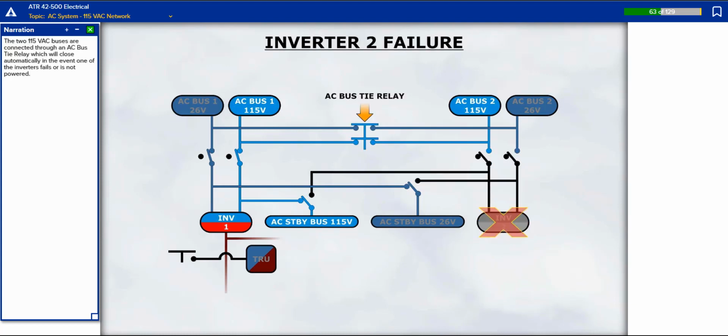The two 115 volts AC buses are connected through an AC bus tie relay, which will close automatically in the event one of the inverters fails or is not powered. In the event of a failure of Inverter 1, the AC standby bus will be automatically powered by Inverter 2.